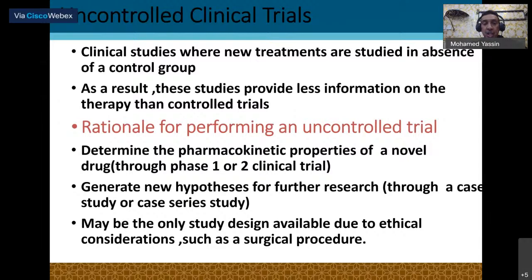You want just to see how the drug is absorbed, how it is metabolized in the human body, and how it is eliminated from the human body. Here, you don't need to do a randomization. You can do it uncontrolled, in one group of participants. So these are three rationales for why we're still doing uncontrolled clinical trials in the era of randomized controlled trials.